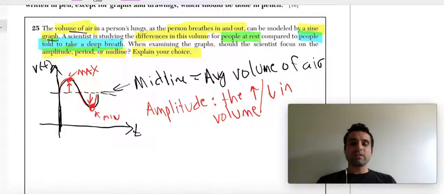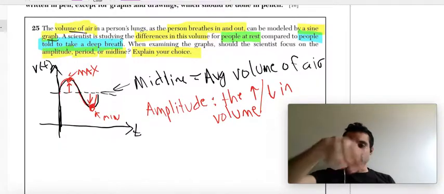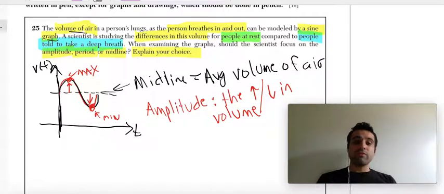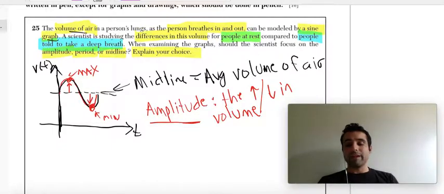What's the amount the volume increases when you breathe in compared to the midline, and the amount it decreases when you breathe out? That amount will be the same. If it increases by 3 units from the midline, it also decreases by 3 as it goes to the minimum. In a sine curve, that doesn't change.